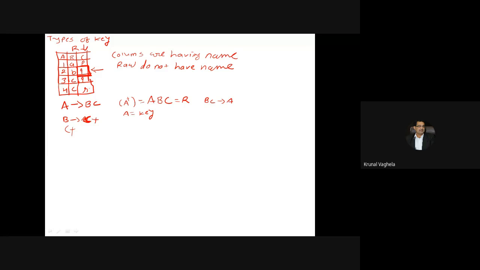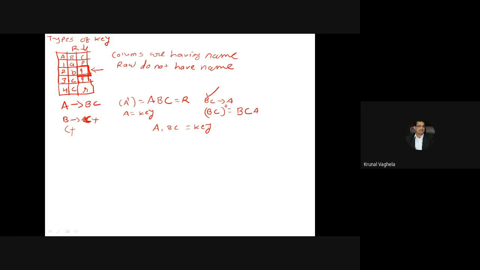So BC are unique: AP is 1, BQ is 2, CQ is 3, CR is 4. Yes, so I can say BC to A. So can my BC work as a key? Let me find the closure. BC's closure is B, C, and from BC I can have A. So my BC can also work as a key. So A and BC are my keys.